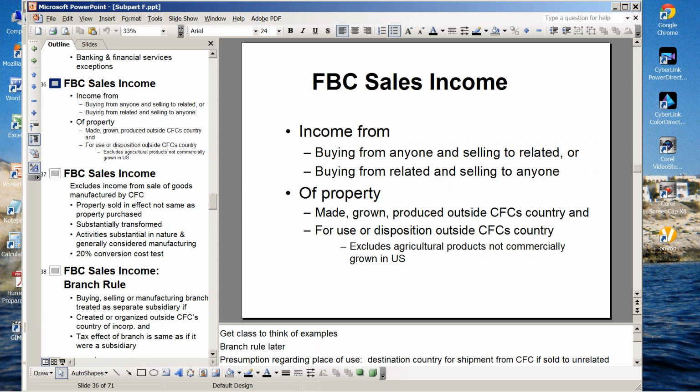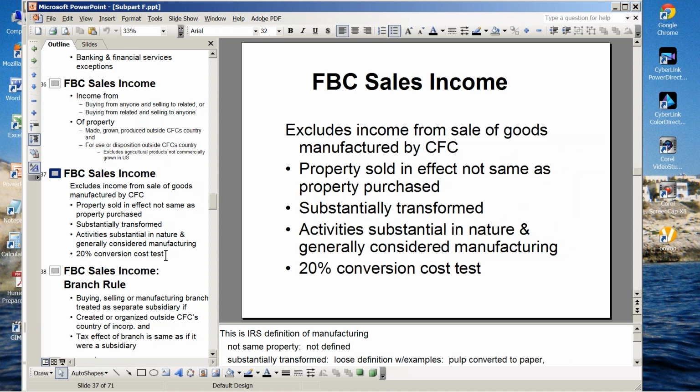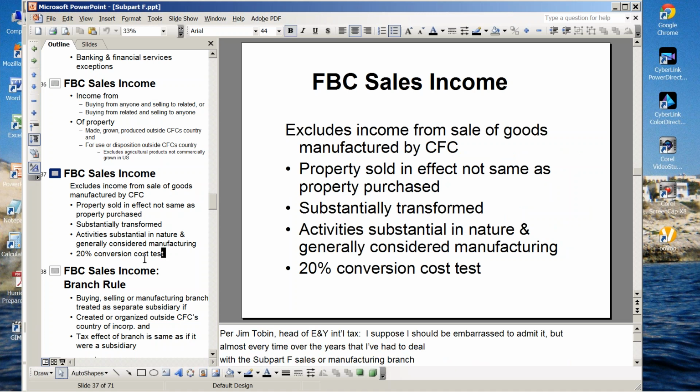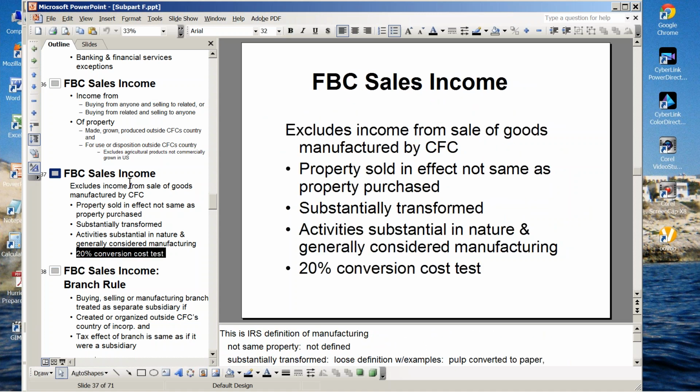Well, we'd originally acquired this rig from a related party, and the related party was nowhere near where the rig was going to be used. So it was looking like Subpart F income till I looked very closely at the basis of the rig.